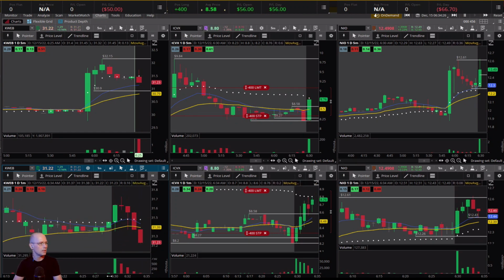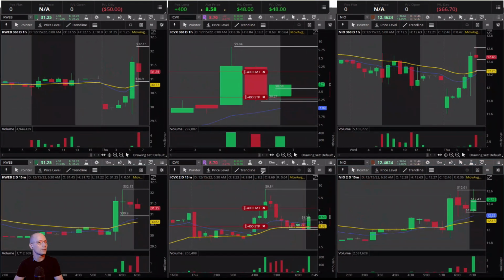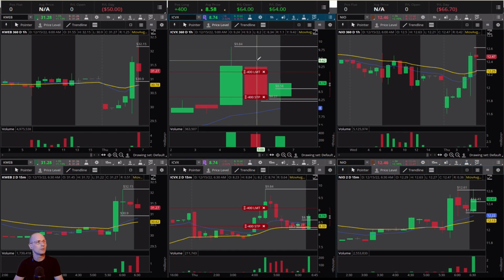And KWEB just giving it up. All right, well, ICVX, if we look at that larger time frame, the hourly, it's an inside bar, so I'm kind of looking for this inside bar to make it up here somewhere at least. It'd be pretty great if we could break over the high of 930.